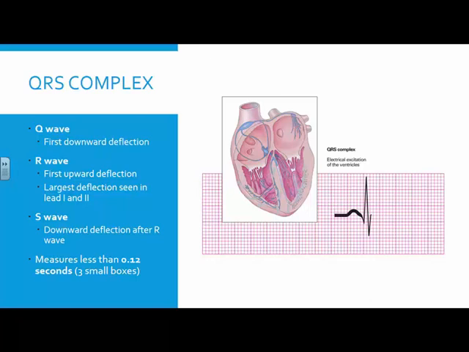So your QRS complex should measure 0.08 to 0.12 seconds, somewhere in that area. So 3 small blocks. You're getting it. Alright? That's your QRS. 3 small blocks.